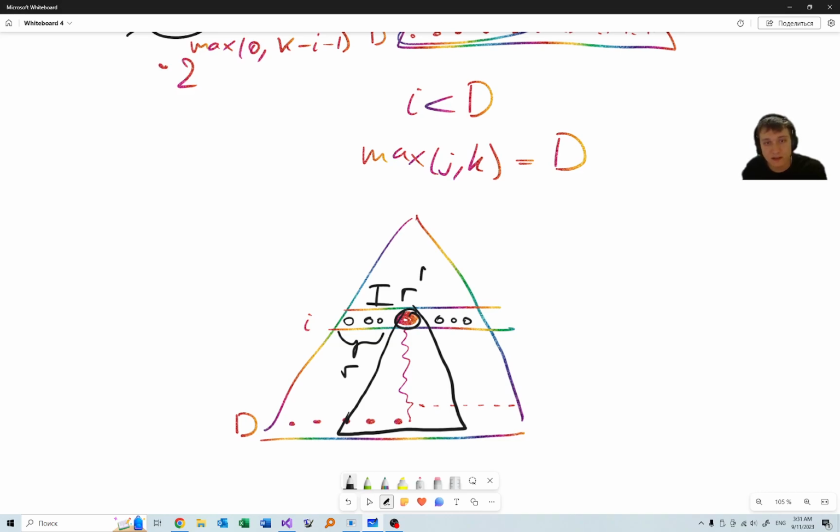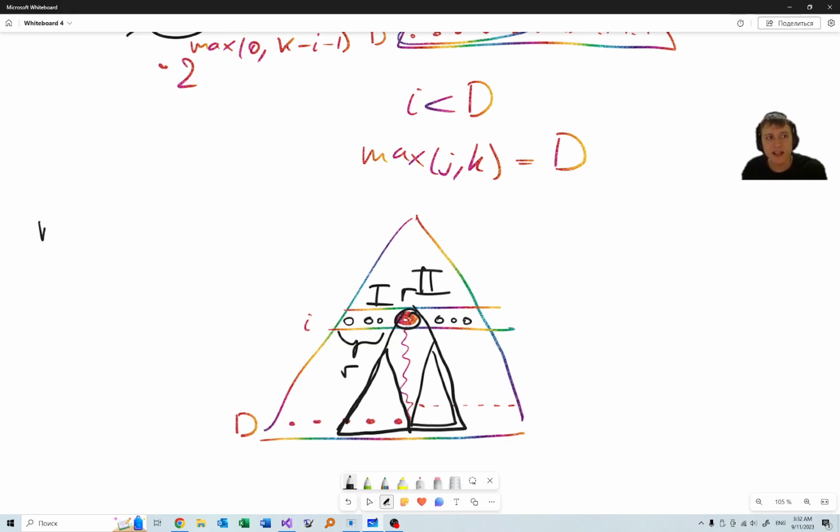So the second case is also straightforward because since i is just fixed, you know exactly how many vertices of layer D are here and how many are here. It is possible to calculate. First of all, you have the total number of bottom vertices.